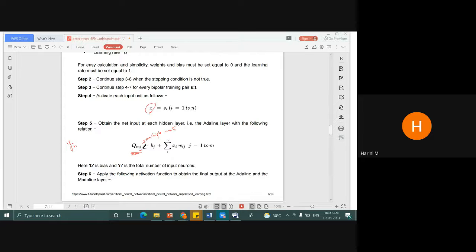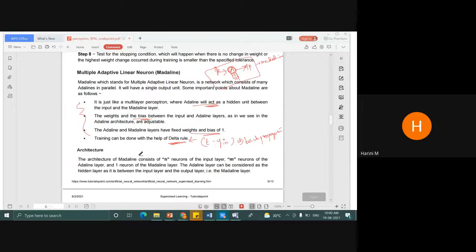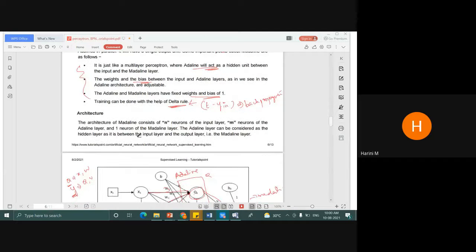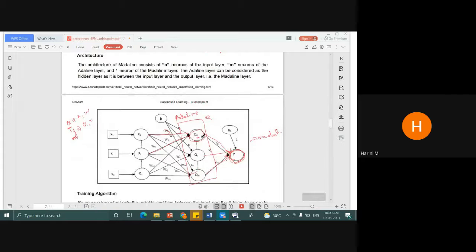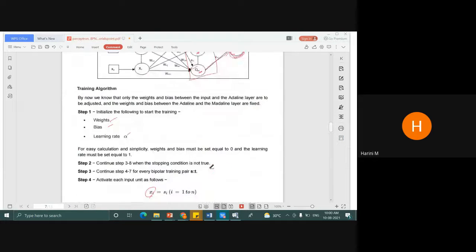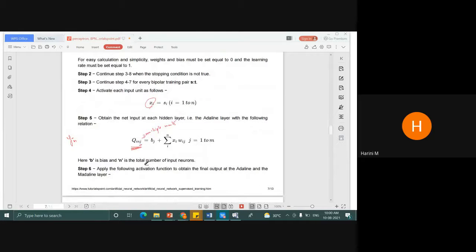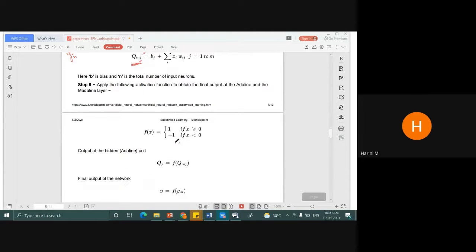You have to mention which unit you are calculating. So I need x and w. Along with it, I have the bias calculated. On top of this, you're going to apply the function. You see this? The overall part is f of Qn,j.